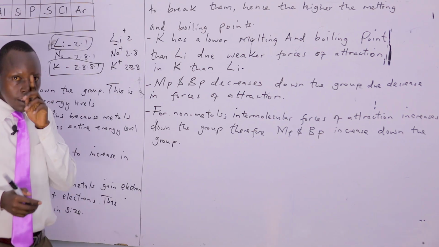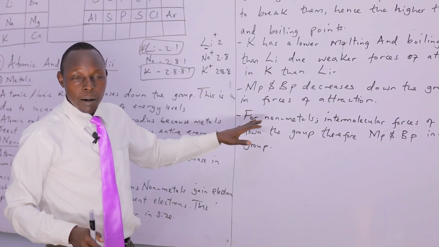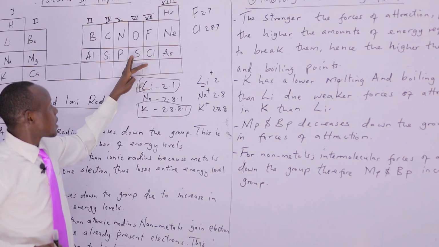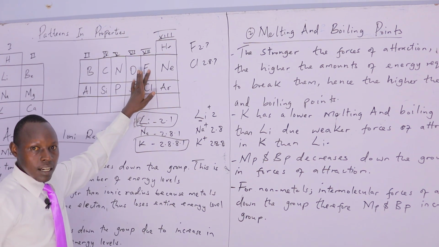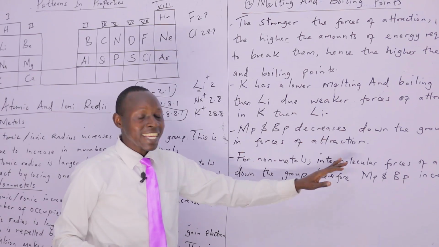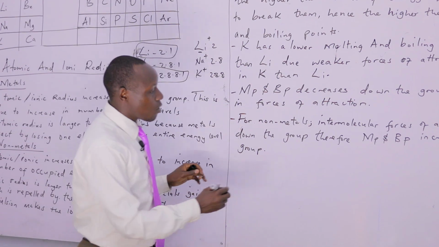Now, consider the intermolecular forces of attraction holding particles together in group 7, the halogens. The intermolecular forces of attraction increase down the group. Group 7 has fluorine, chlorine, bromine and iodine.